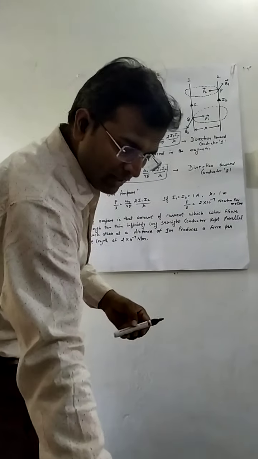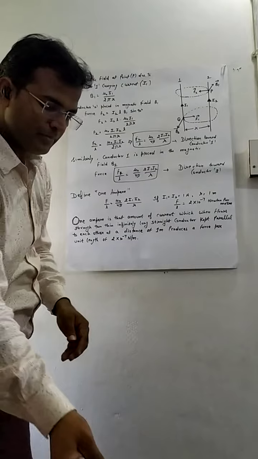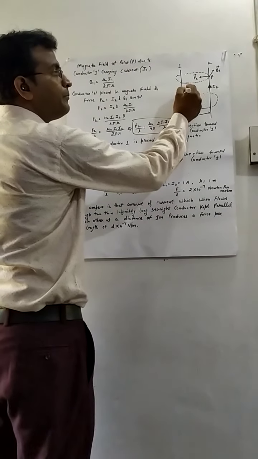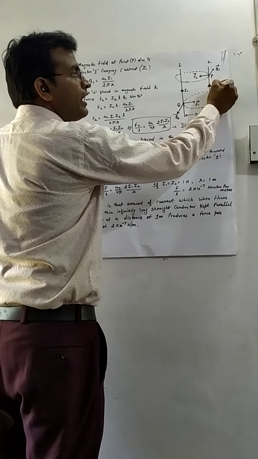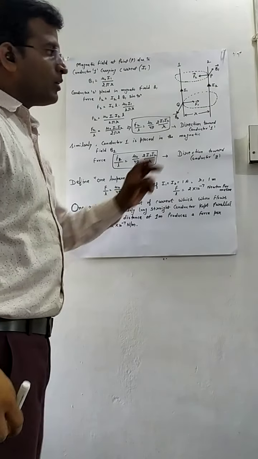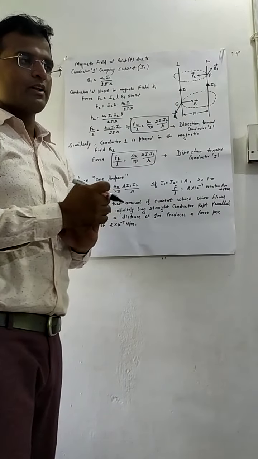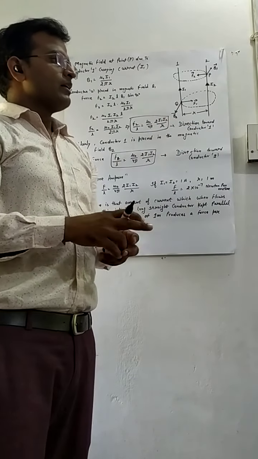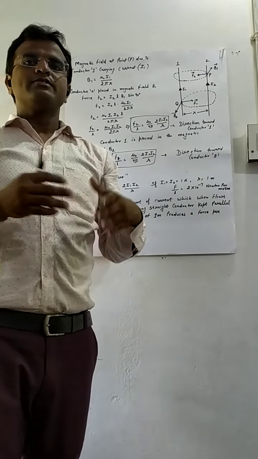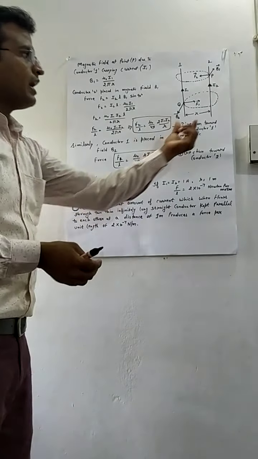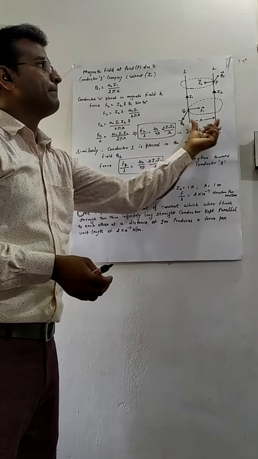Conductor 1 carries current I1 and the second conductor carries current I2, both in the same direction. We consider two parallel conductors carrying currents I1 and I2 in the same direction, and r is the separation between them.